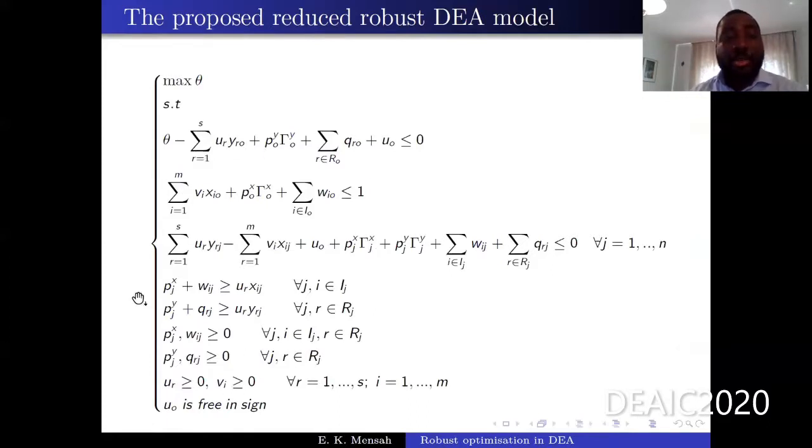And we get this new model. So this proposed model involves no redundant constraint and also auxiliary variables, whereas we've been able also to consider uncertainty in both the input and the output.